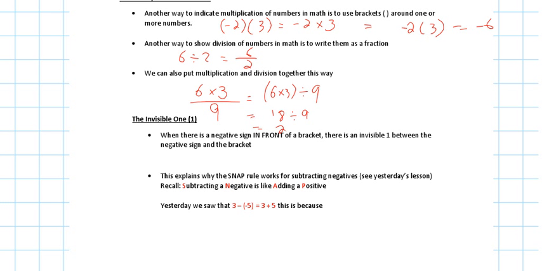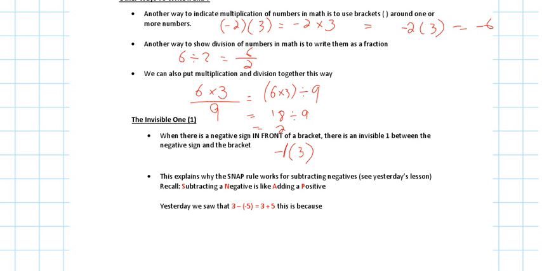Okay, so if I have this, what does that mean? Negative times 3. That's right. That negative, technically, is a negative 1 times 3. It's an invisible 1, right? We don't usually write it, but it's an invisible 1. Okay? When I do -1 times 3, what do I get?